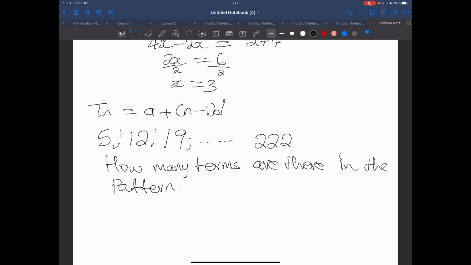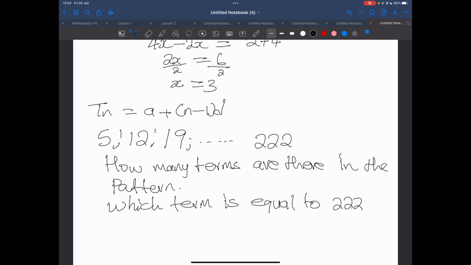Another way of stating this, we can talk about the 222, and ask the question, which term is equal to 222? In other words, which term number is 222?